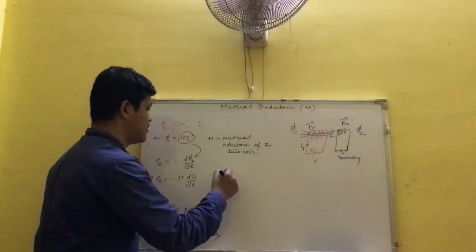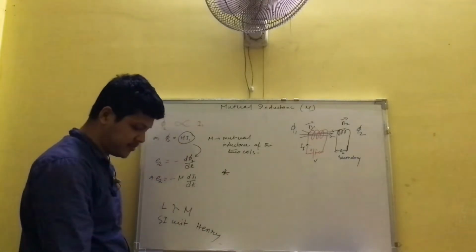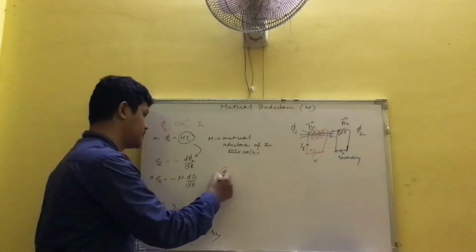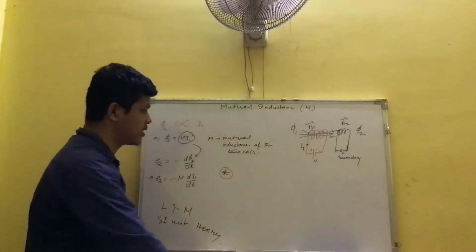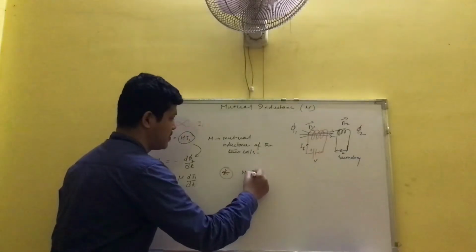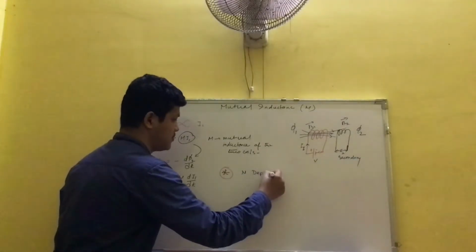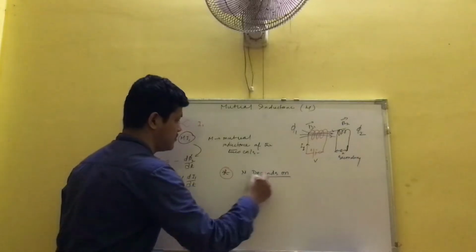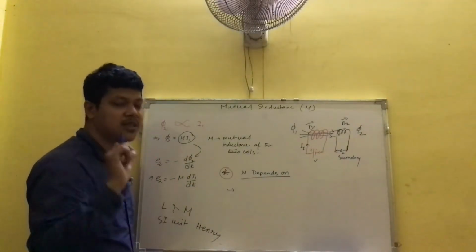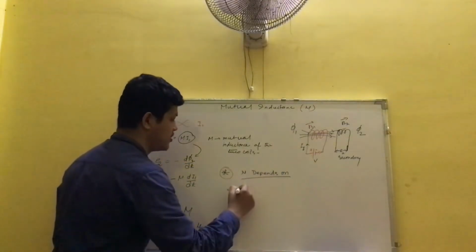Now this M depends on 4 factors. What are the 4 factors? This M depends on 4 factors. What are those? Number 1, the first one is the number of turns in these two coils.